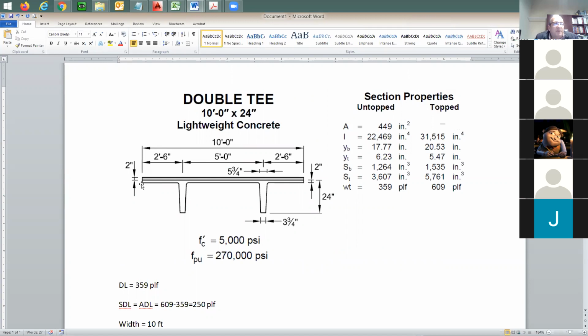When do you think this topping is going to be applied? At the work site. Yeah, after you take this double T and put it in the building, on top of the beams. Now it's supported, and then you put some reinforcing for this topping, and then you pour the concrete. So at the time of pre-stressing, you don't have the topped properties, and this gives you the properties that you need to use in your analysis, right?